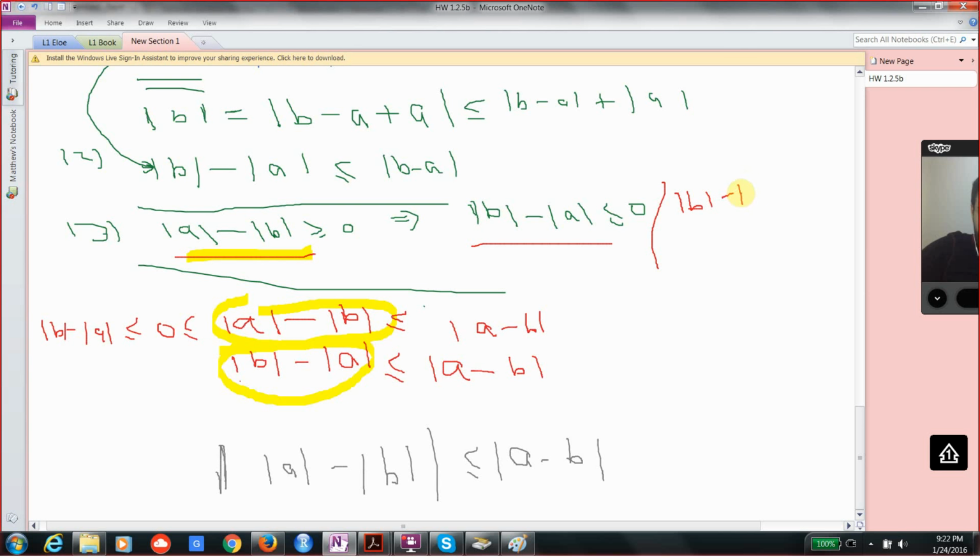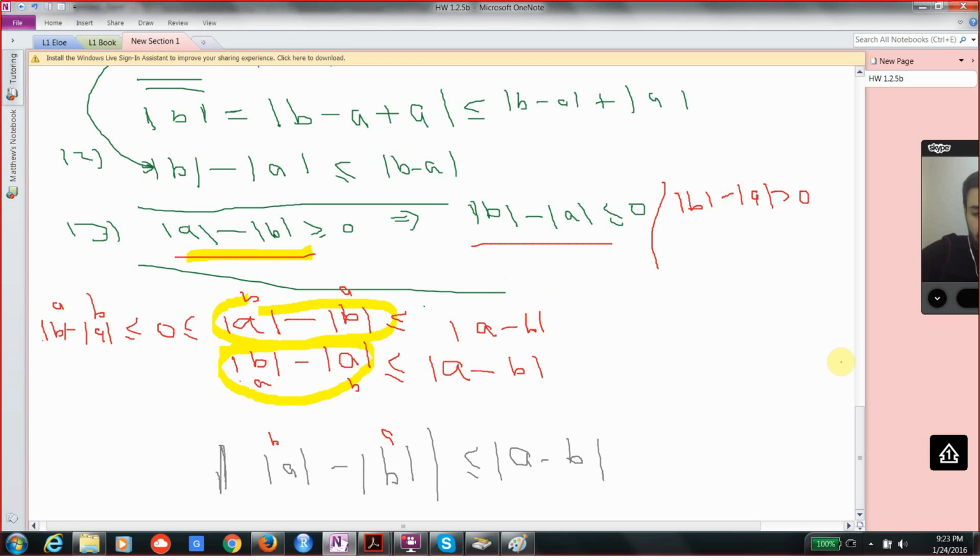But notice the proof will be exactly the same way. You just change the B to an A and change the A to a B, and you'll get the same result.